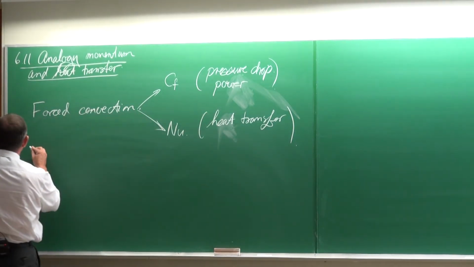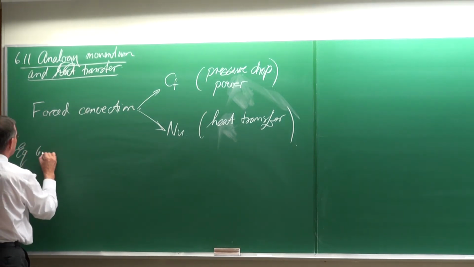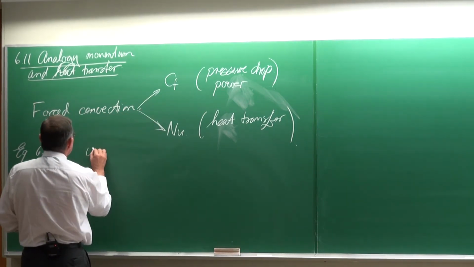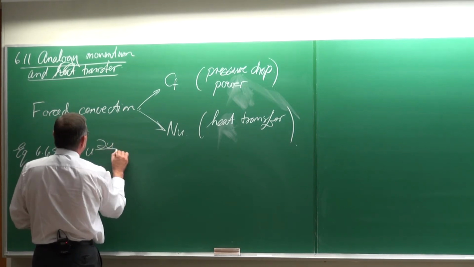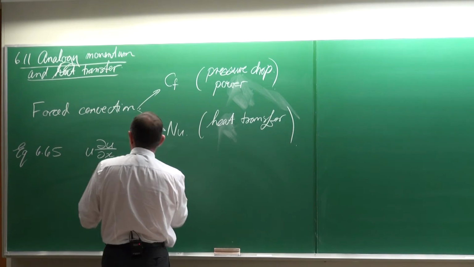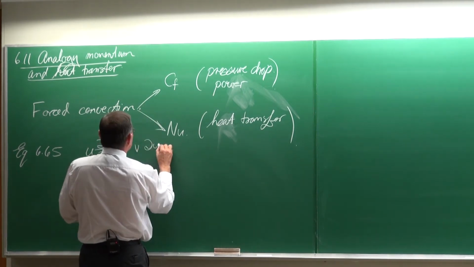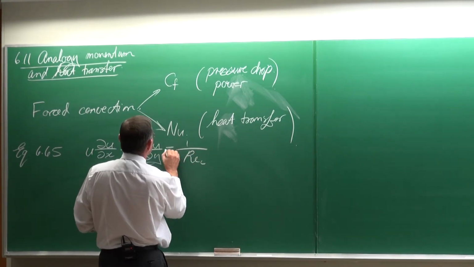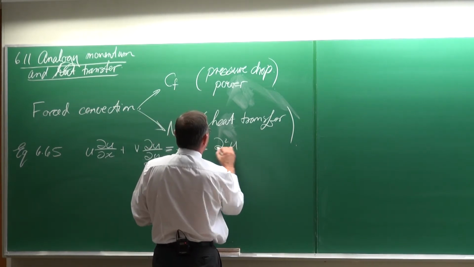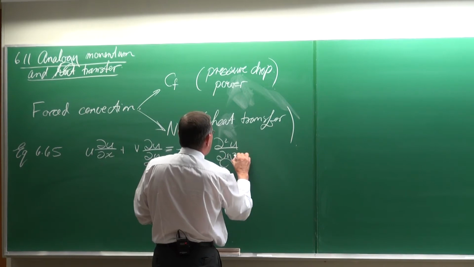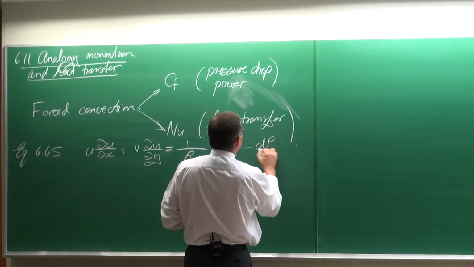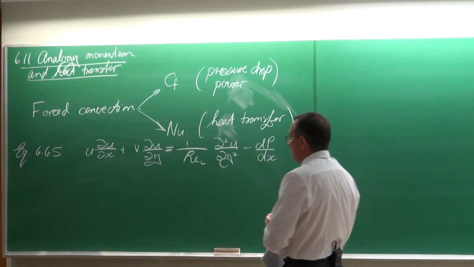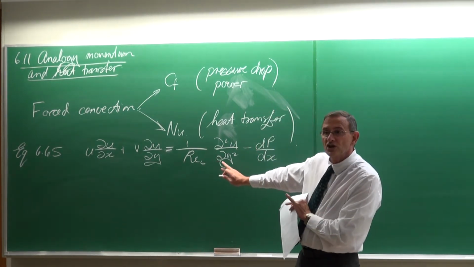And I'm just going to quickly jump to that, so it's not going to be clear to you exactly where it comes from, but you have done it in fluid mechanics, and it is actually the momentum equation for a flat plate, and it looks like this: u du/dx plus v du/dy is equal to 1 divided by the Reynolds number based on its characteristic length, multiplied by partial d2u/dy squared, minus dp/dx. Okay. So that's equation 6.65.